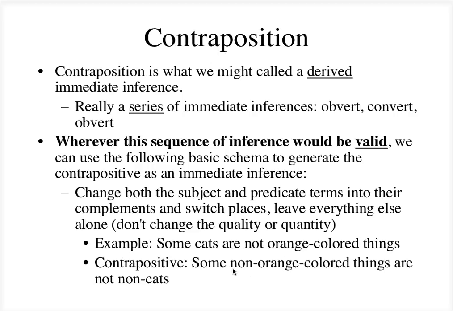Now the complement of that is in the subject position. And where cats was in the subject position before, its complement is now in the predicate position. And you can see it started out as an O proposition, and it ended up as an O proposition. So we didn't change the quantity or the quality.